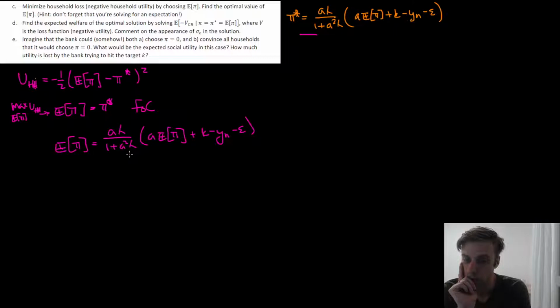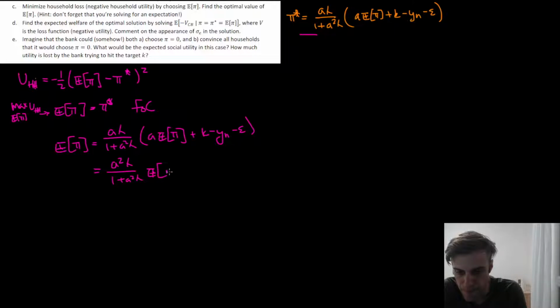equation. Okay, so let's split this. We're going to split by distribution out the A expected pi. So it's going to be A squared lambda over 1 plus A squared lambda expected pi plus A lambda over 1 plus A squared lambda. And then what's left from the split is just K minus YN minus epsilon.